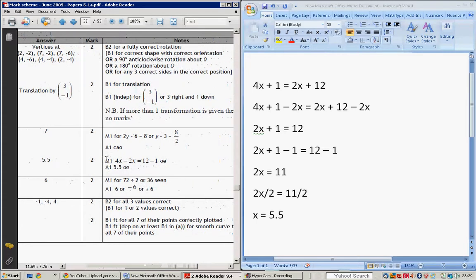Give yourself 1 mark, M1, if you wrote down 4x minus 2x equals 12 minus 1 or its equivalent. So even if you didn't get x equals 5.5, but you did do 4x minus 2x is equal to 12 minus 1, then give yourself 1 mark. Give yourself full marks, A1, if you got 5.5 or its equivalent.